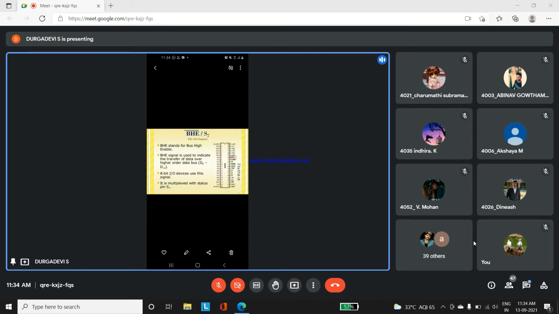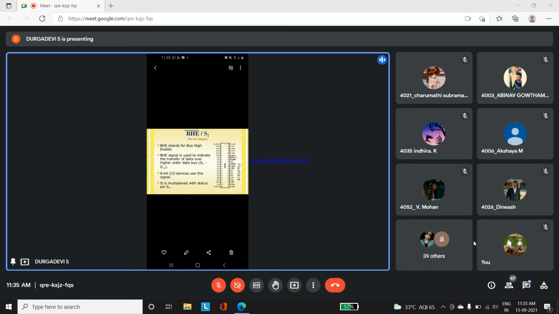Address bus, data bus means you can tell address 20, data 16, whereas control signals are single, 1 bit only, whether it will be 0 or it will be 1. That's it. So bus high enable, you can see here it is active low. Bar means active low signal. It is an output signal.